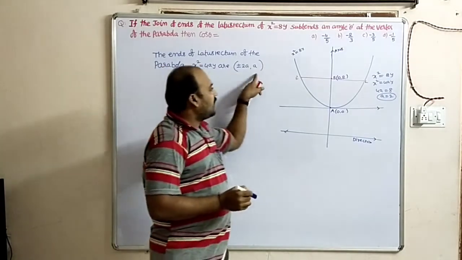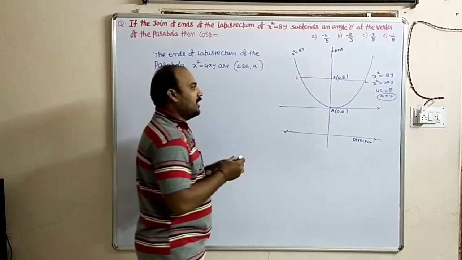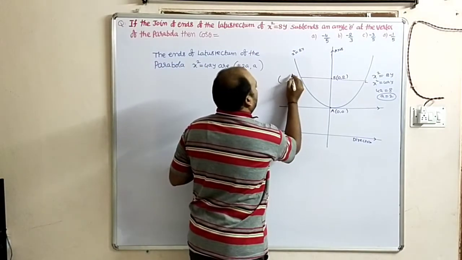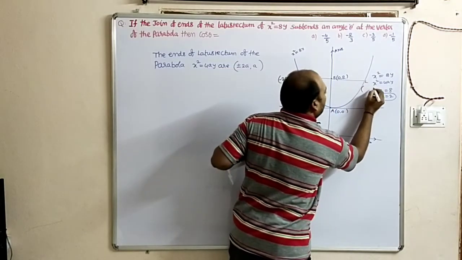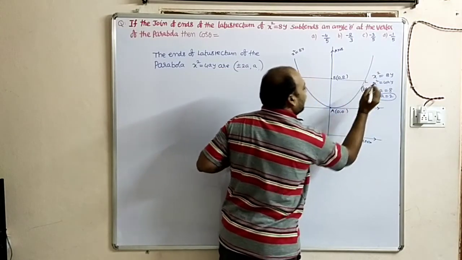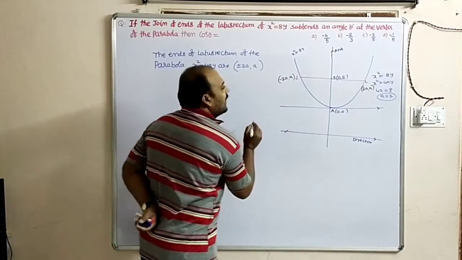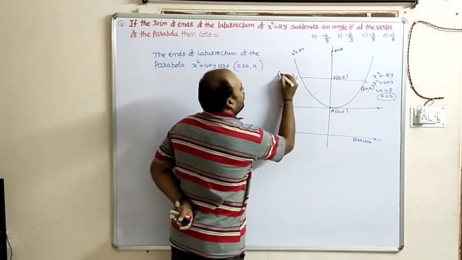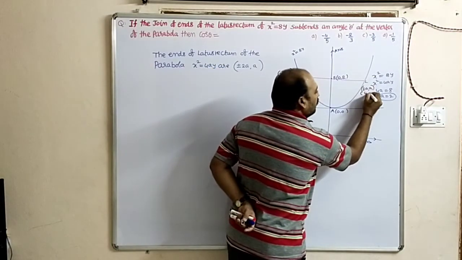Here minus 2a comma a, and here 2a comma a. The a value we got is 2. Therefore L and L dash values become minus 4 comma 2 and 4 comma 2.